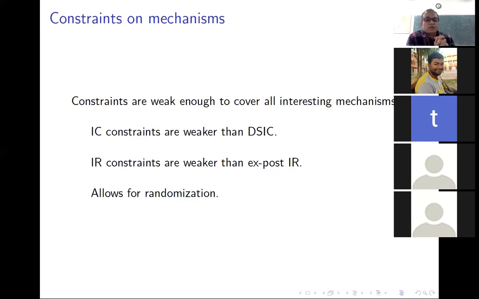And importantly, we want to allow for randomization. Ex ante, we don't want to rule out randomization, and our constraints are weak enough to cover BIC and ex post IR.